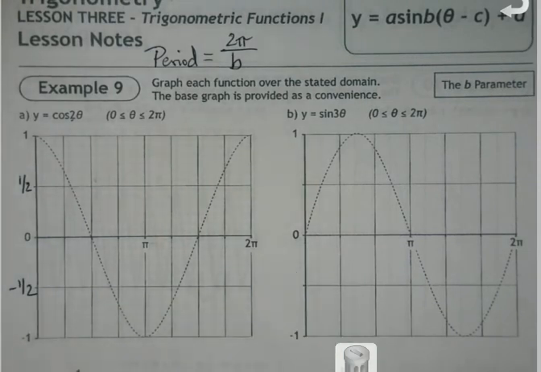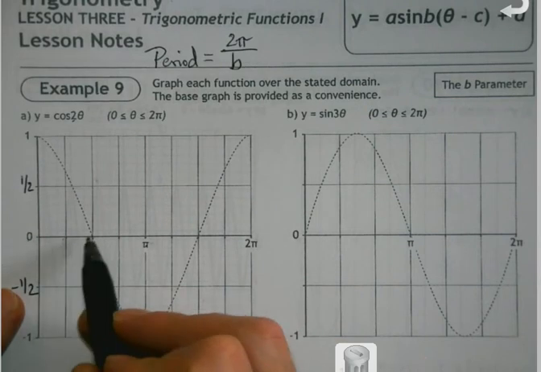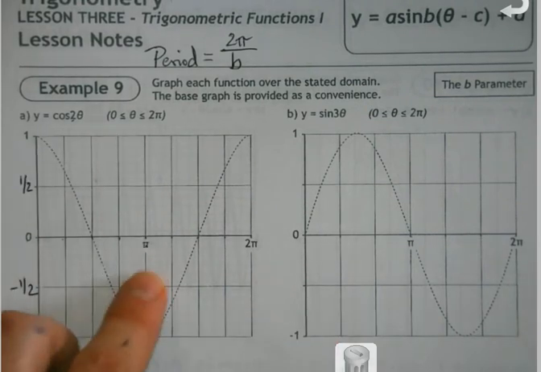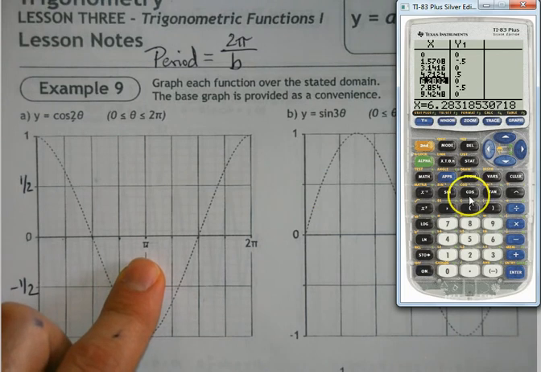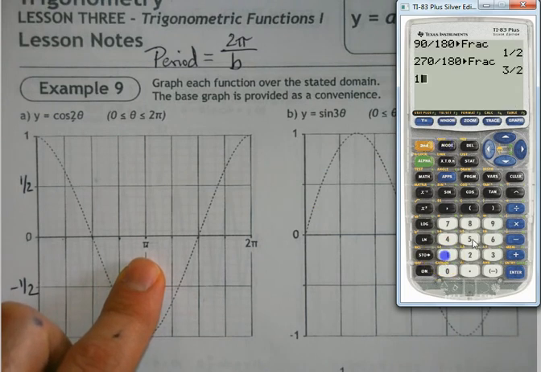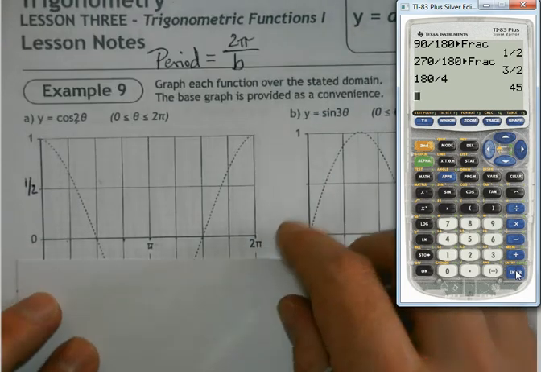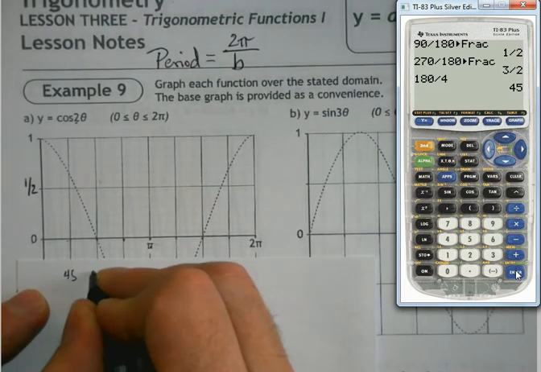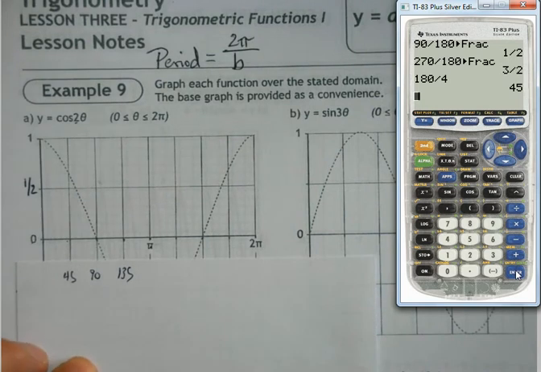So I look and I go, okay, I can get this done. To get to pi, I got 1, 2, 3, 4. Okay, so I remember the pi is 180. So just real quick, I'm going to make sure here. 180 split into 4 parts is going to tell me what each part's doing. Each part's 45. So I'm like, okay, if each part's 45, I'm just going to give myself a quick little help here. And I can start doing it either way.